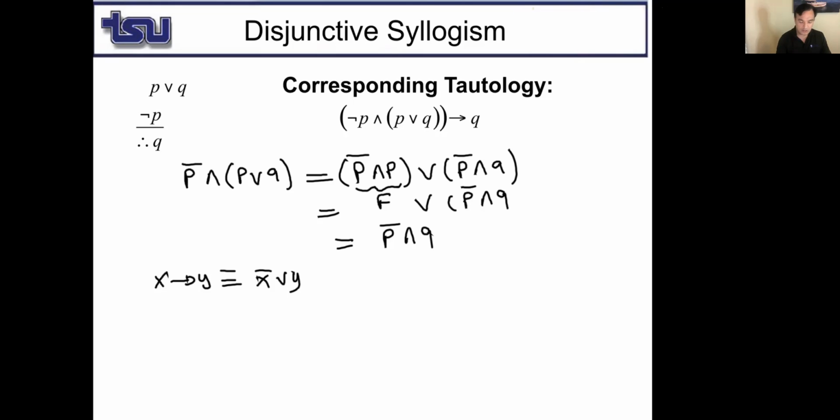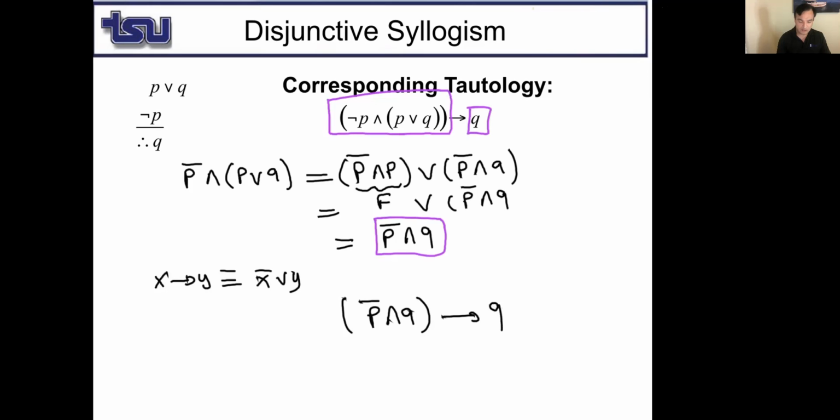So here, look here. This one is this guy, and this one is there. So I'm looking for P naught and Q implies Q. Well, if this is X and this is Y, this means I'm looking for X naught or Y. That means P naught and Q not or Q. Okay, that's what I'm looking for.